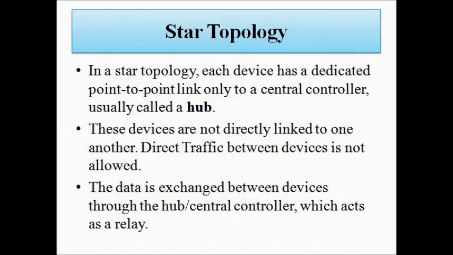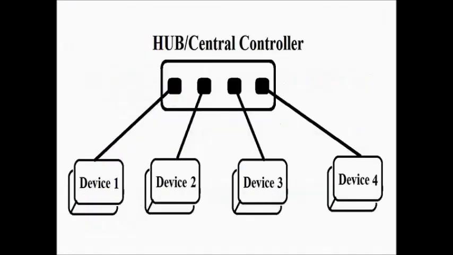So a star topology looks something like this. Here it is a star topology consisting of 4 devices or 4 nodes. Each of these devices can represent anything, a phone, a laptop, a desktop, or any hardware peripheral device. Each is connected to the main controller or the hub.